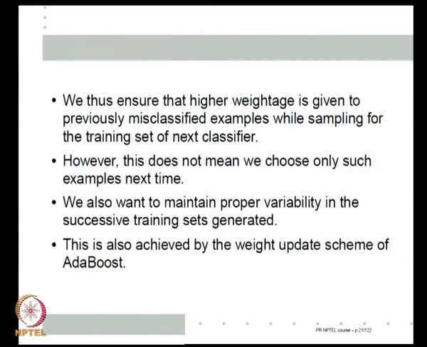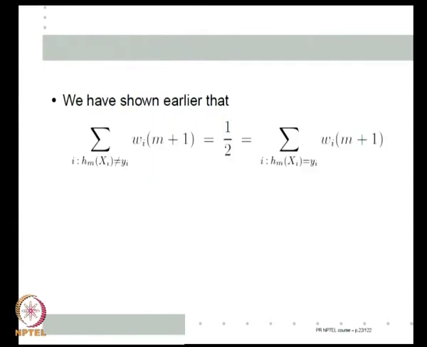This is what we saw last class. As a matter of fact, last class we proved that the weight update is such that if I sum all the weights over all i such that x i, y i is misclassified by h m, that sum is equal to the sum of all weights over i such that h m x i is equal to y i. So, because total weight is 1 and these two sums are the same, each is half.